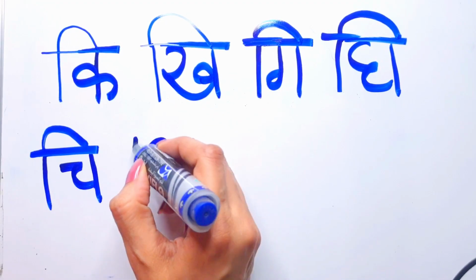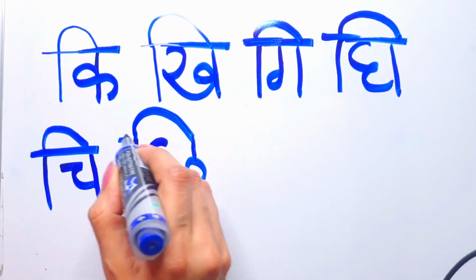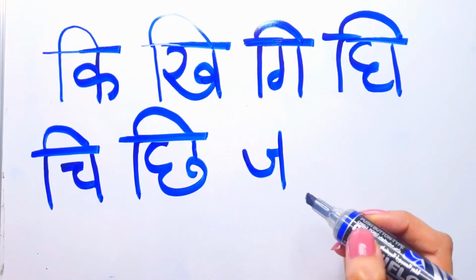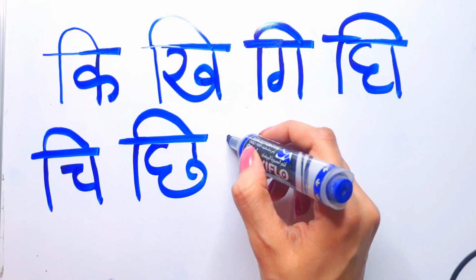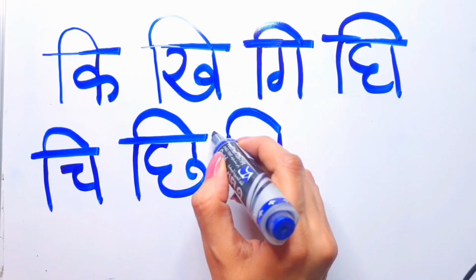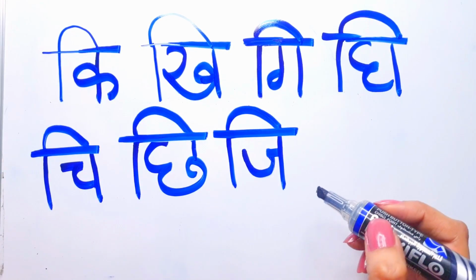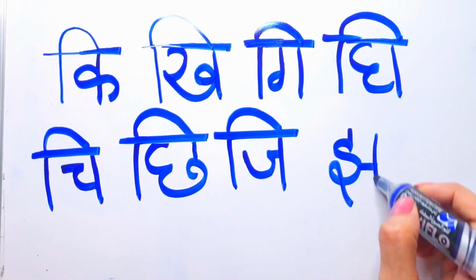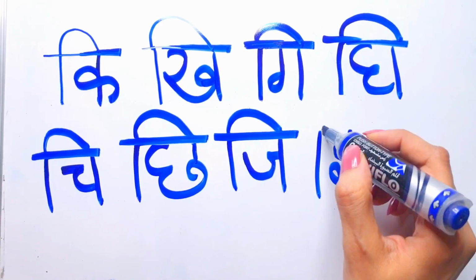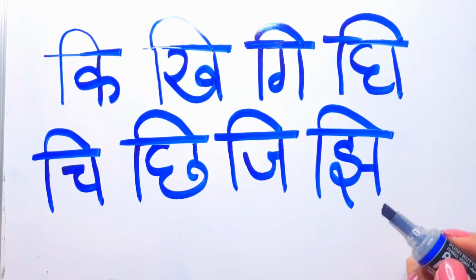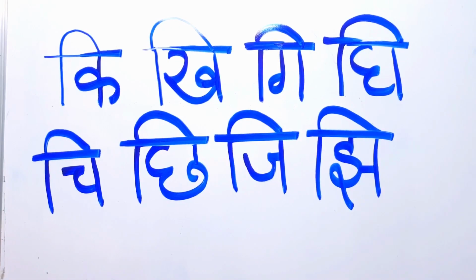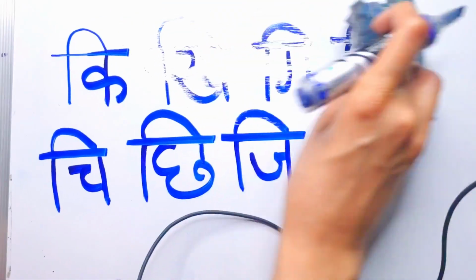Cha, chi, ja, ji and jha, jhi. Okay, and the rest will also be in the same way.